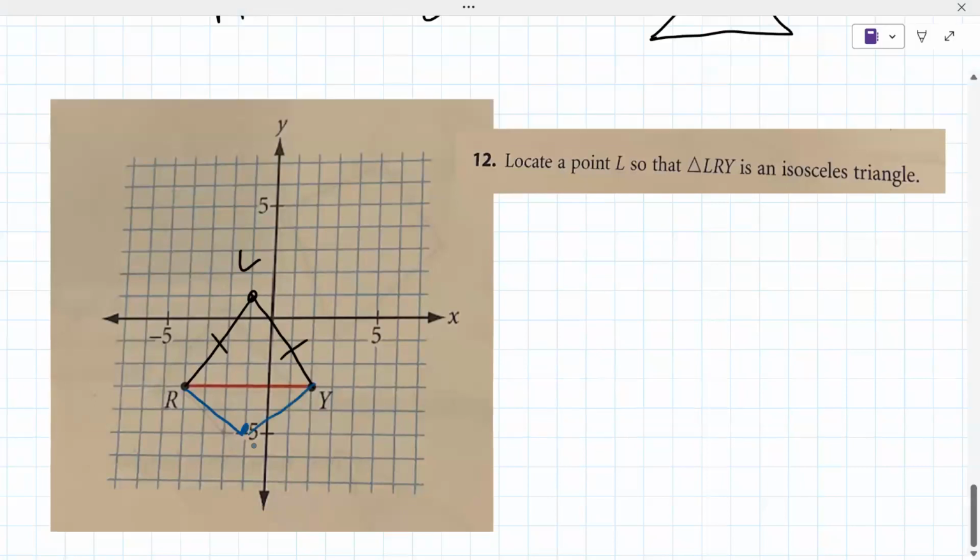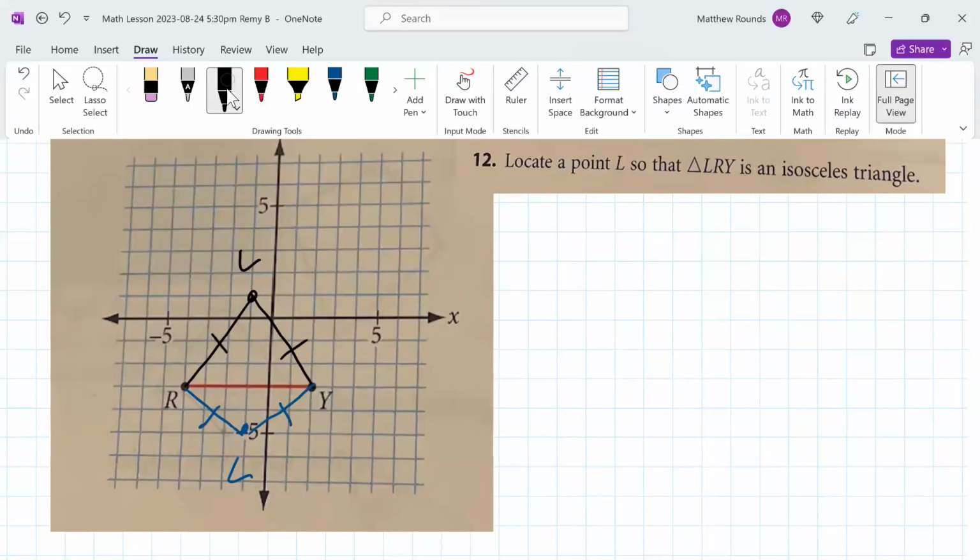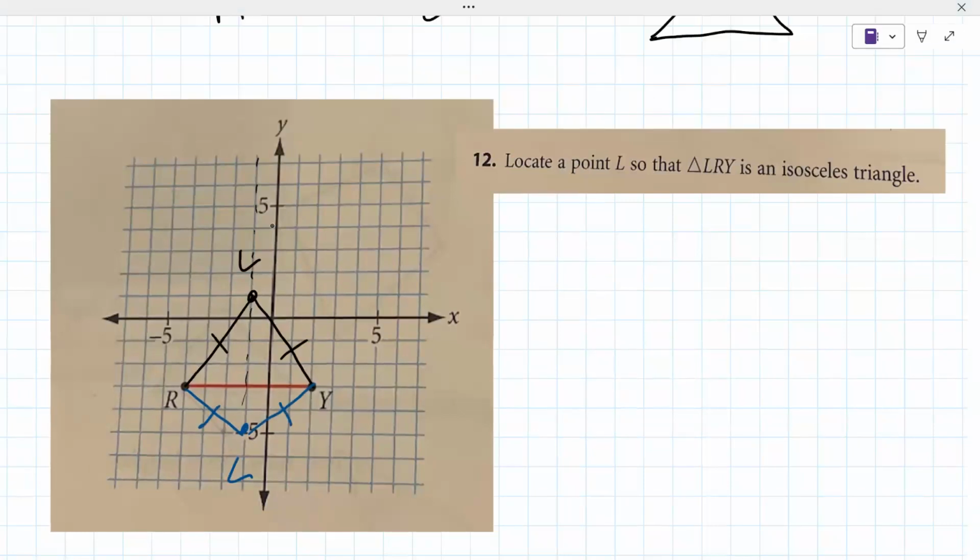Does this triangle look like an isosceles triangle now? Yes. So the answer here is that any point L along this line would actually do it, believe it or not. So again, there's a lot of possible answers there.